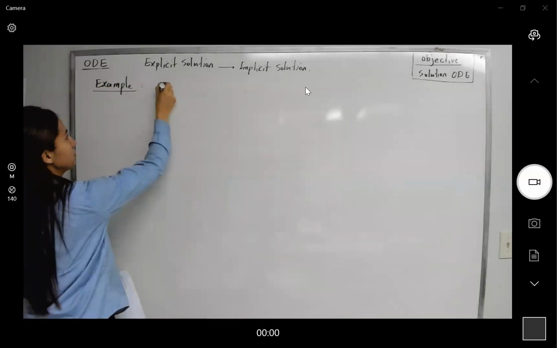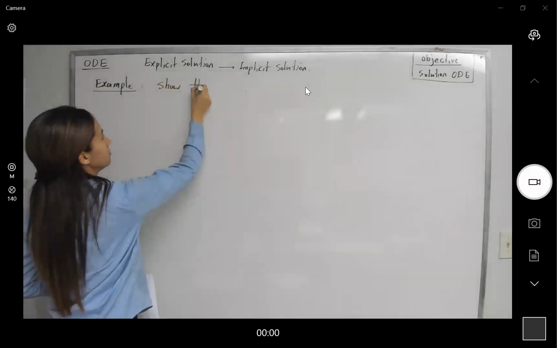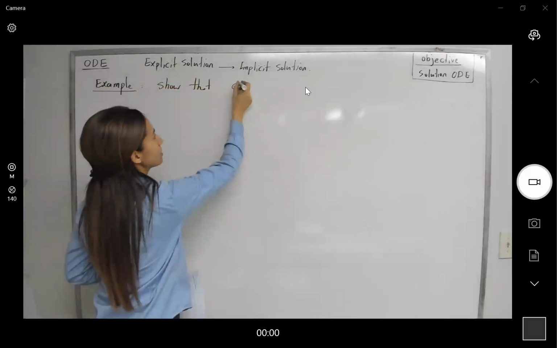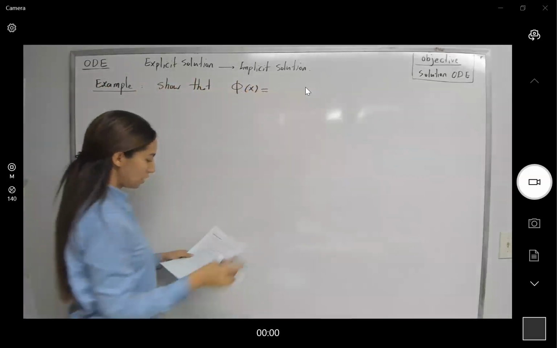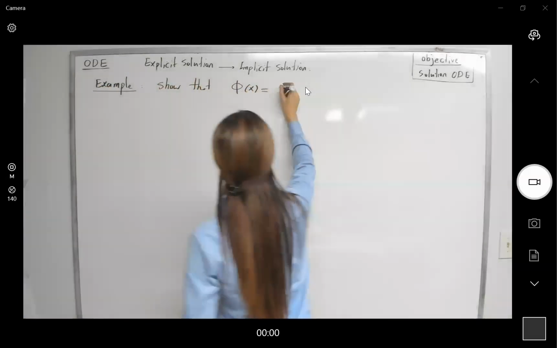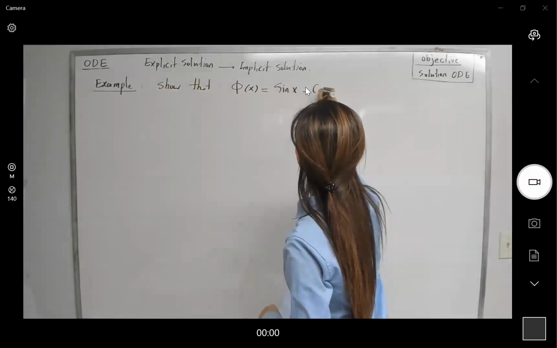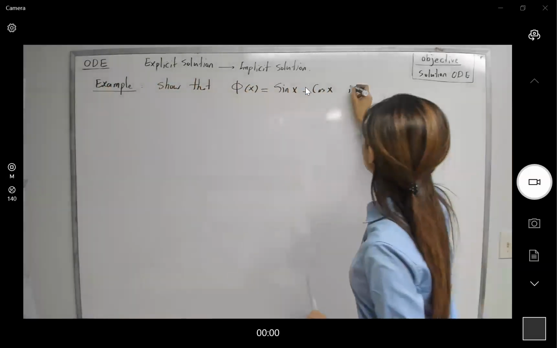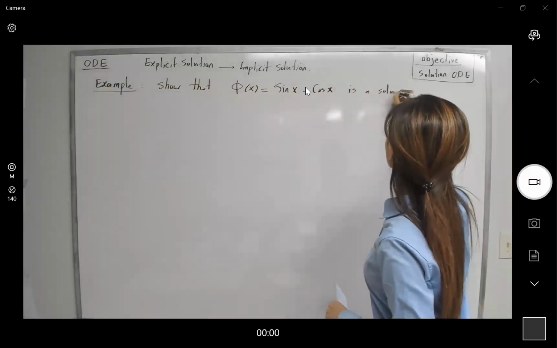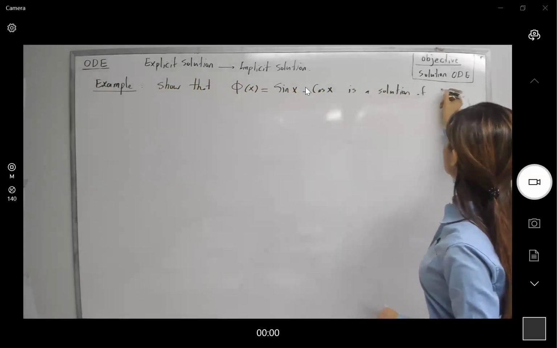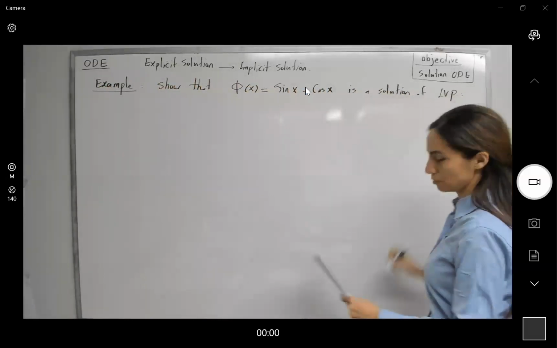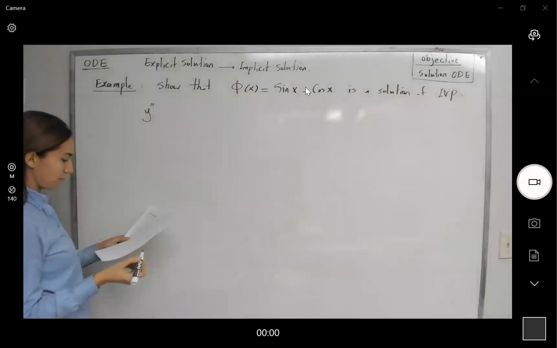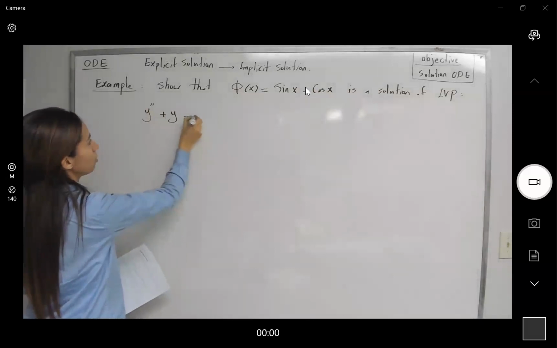Show that phi of x equals sine x minus cosine x is a solution of the initial value problem, which is given to us as the second derivative of y plus y equal to 0.